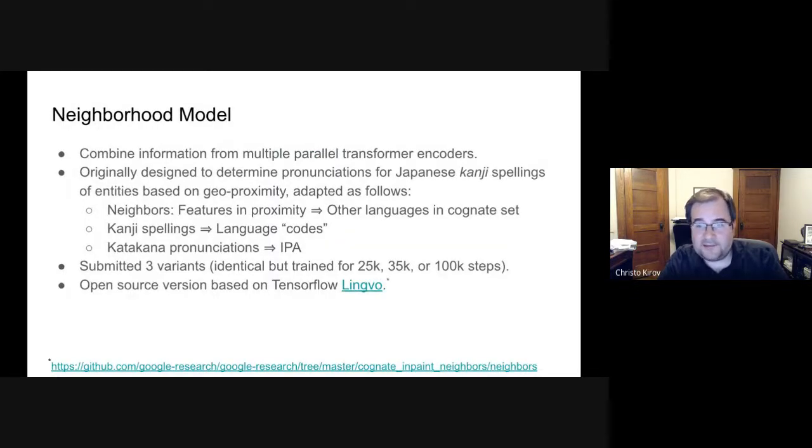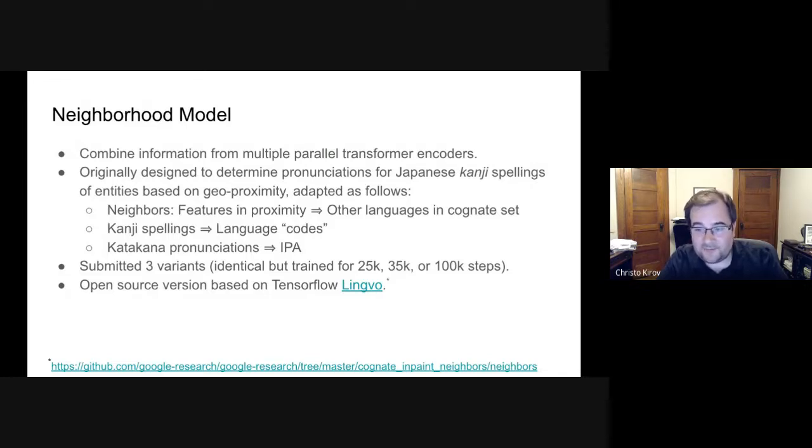So the plan is to talk about each of the model types in a little more detail, starting here with the neighborhood model. As mentioned before, the idea was to run multiple transformer encoders in parallel for each available cognate. This setup was originally designed to recover the correct readings for Japanese kanji place names based on the readings of their actual geographic neighbors.